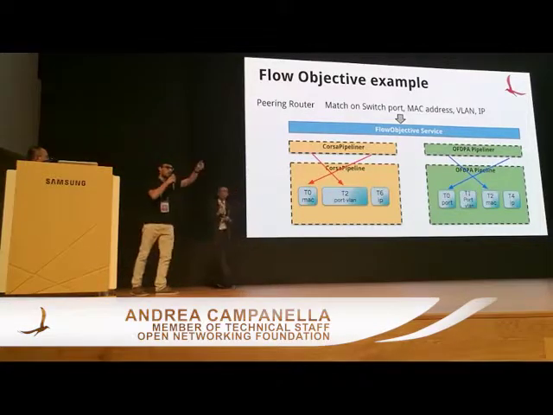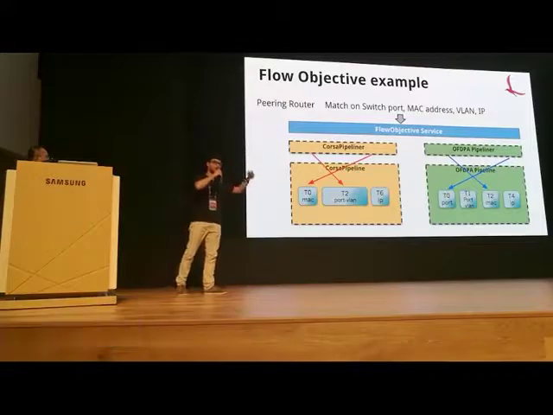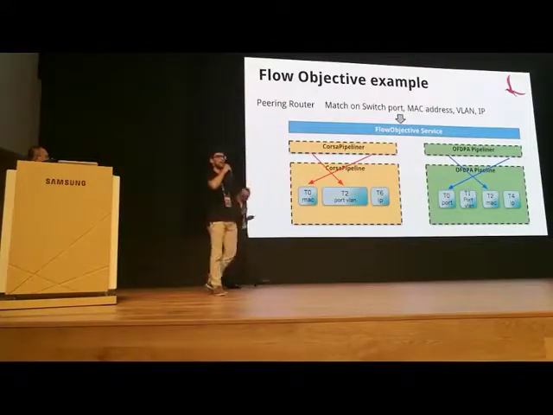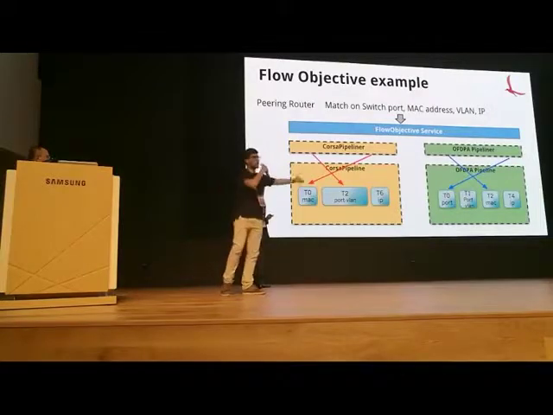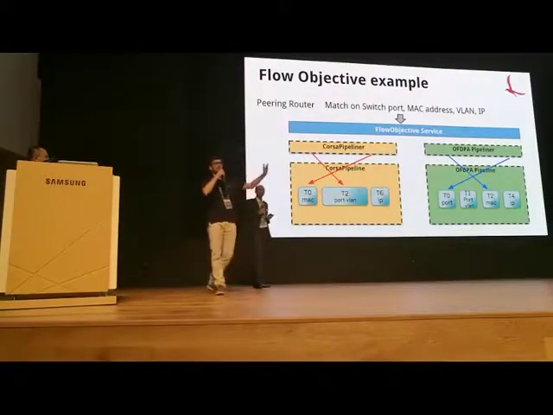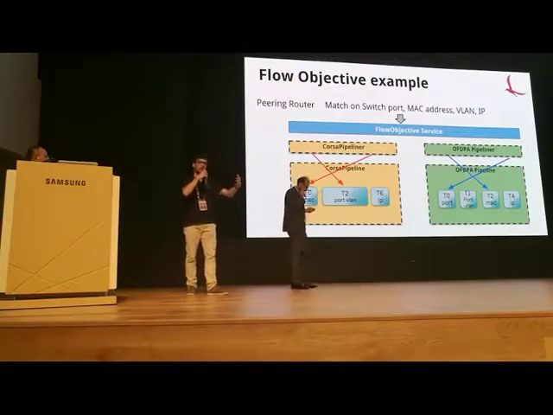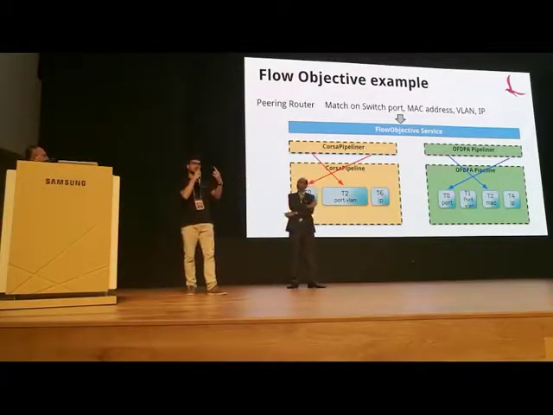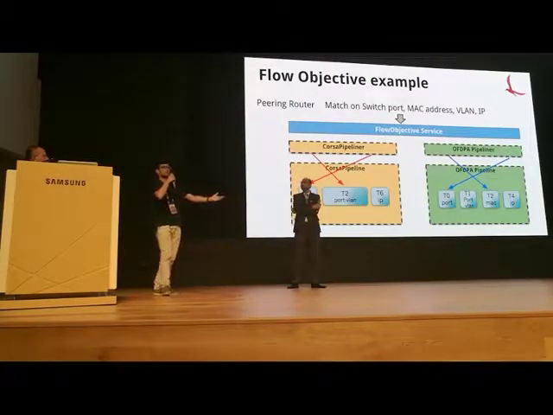And not only is your application portable, but so is everybody else's that comes after you and develops another application using the flow objective service and uses all the pipelines that are with a pipeliner in ONOS. So if you bring a pipeliner in ONOS, you're not supporting just your application, but you're supporting hundreds of applications that are built on top of ONOS.